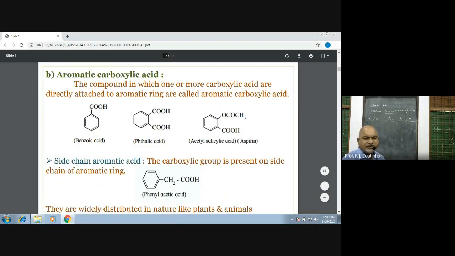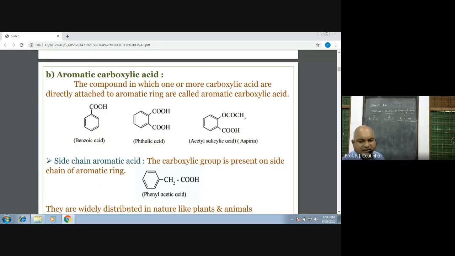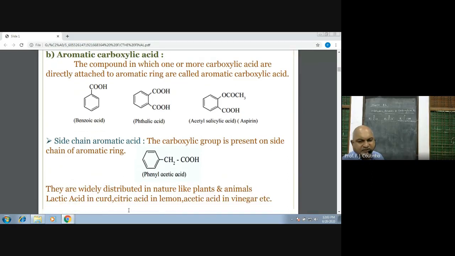They are widely distributed in nature, like plants, animals. For example, lactic acid in curd. Now, if you see here, lactic bacillus. Whenever a person is suffering from dehydration, meaning loose motions and all, he is told to use curd.